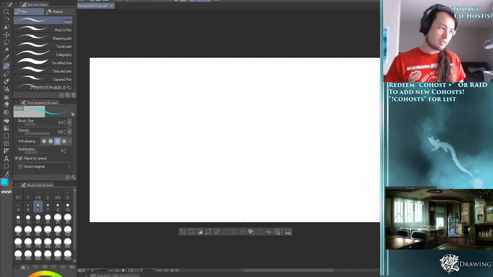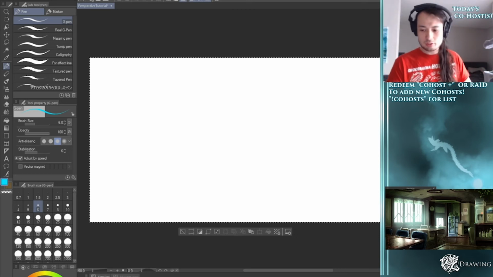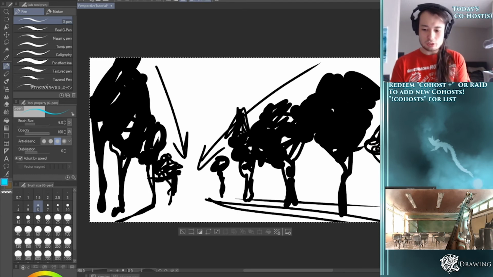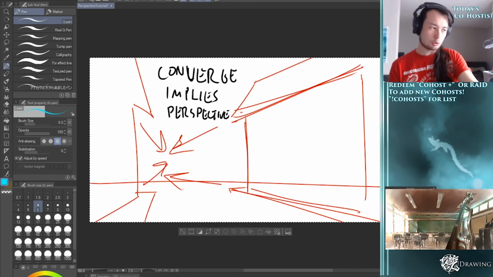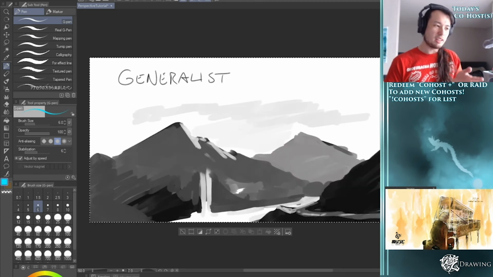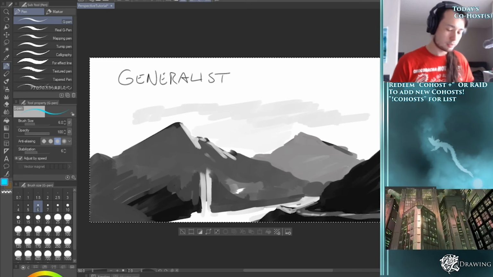Now, there's one last thing that I think we should talk about before we get into anything advanced, which is, we talked about generalist one-point perspective. The sense that you can start using trends, like the idea that things get small, that convergence implies perspective, and that things get smaller as they get more distant, to create compositions that feel like they're in perspective without using those grids, right?